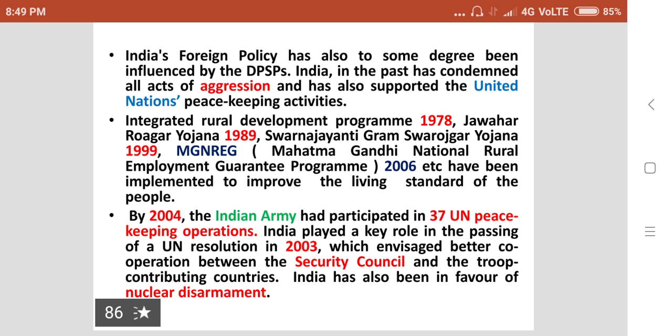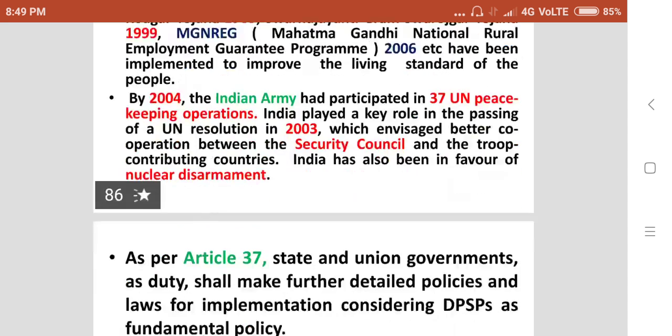India played a key role in the passing of a United Nations resolution in 2003, which envisaged better cooperation between the Security Council and the troop contributing countries. India has also been in favor of nuclear disarmament.